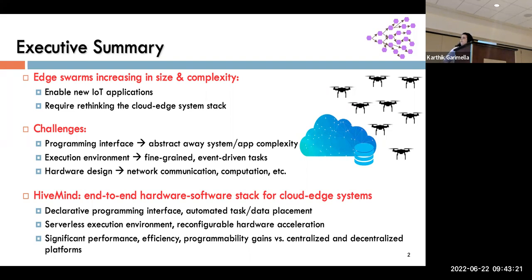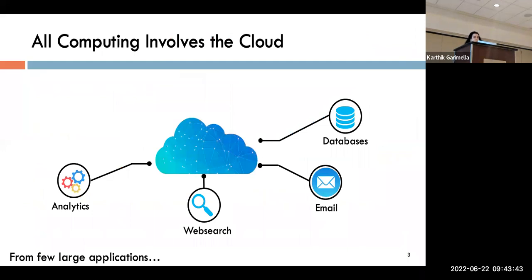It leverages serverless or function as a service compute, which matches the characteristics of fine-grained IoT tasks. And finally, it implements two types of reconfigurable hardware acceleration, one for network processing and the other for data transfer. And I'll show you that this offers significant performance, efficiency, and programmability benefits compared to previous either cloud-based or edge-based solutions.